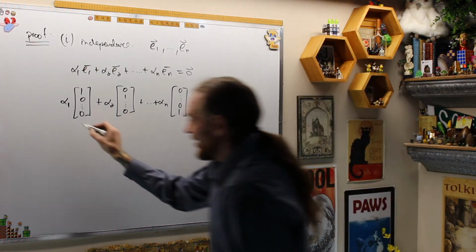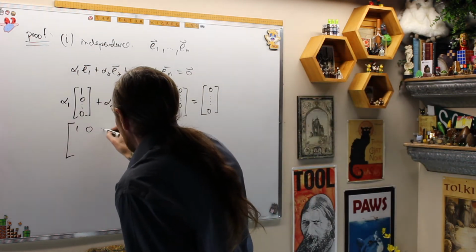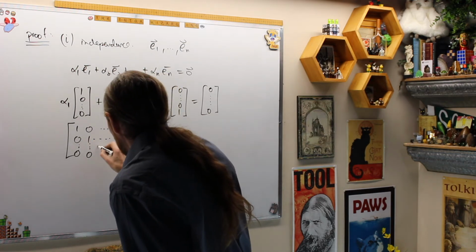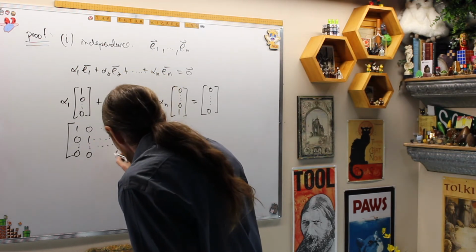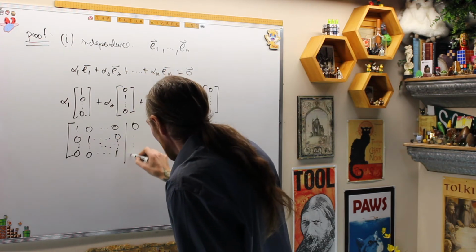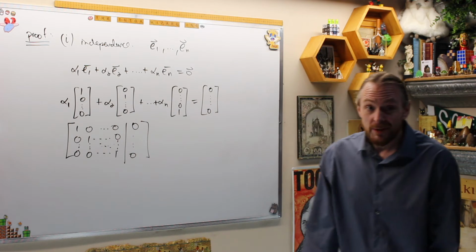Now augment the matrix. That should be diagonal. Equals 0, 0. You see I have a homogeneous linear system.